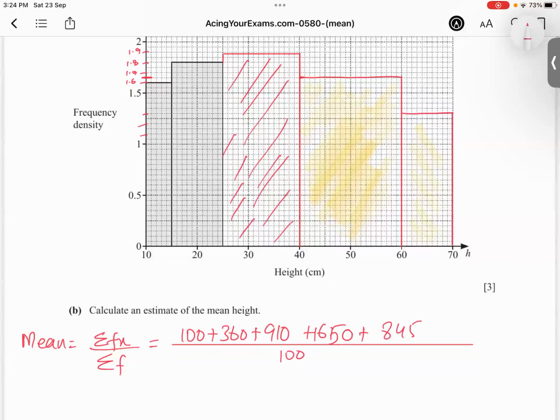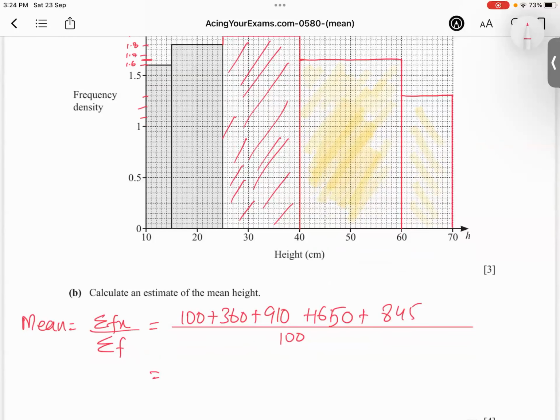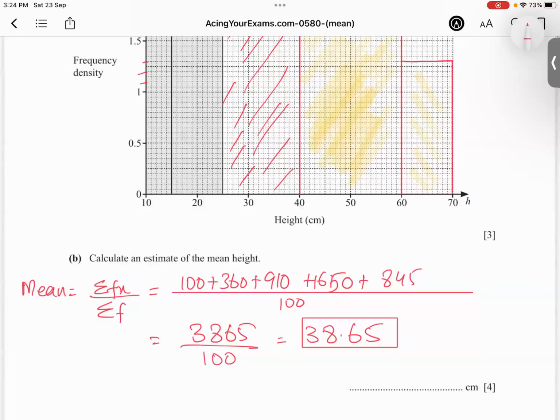So can you add the numerator section for me and tell me what is the answer for that? It will be easier for me. 100 plus 360 is 460. Okay, according to Hania, it says 3865. Okay, thanks. So it's the right answer. 3865 divided by 100. So the answer is 38.65. Thanks, Abdul Basir. 38.65.